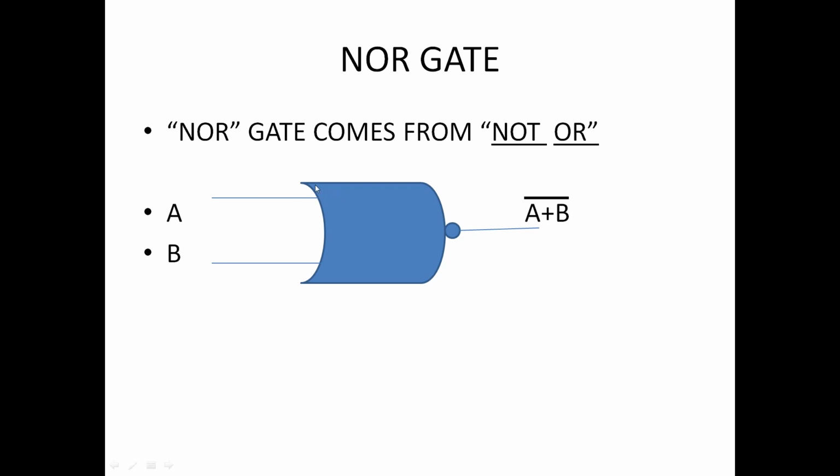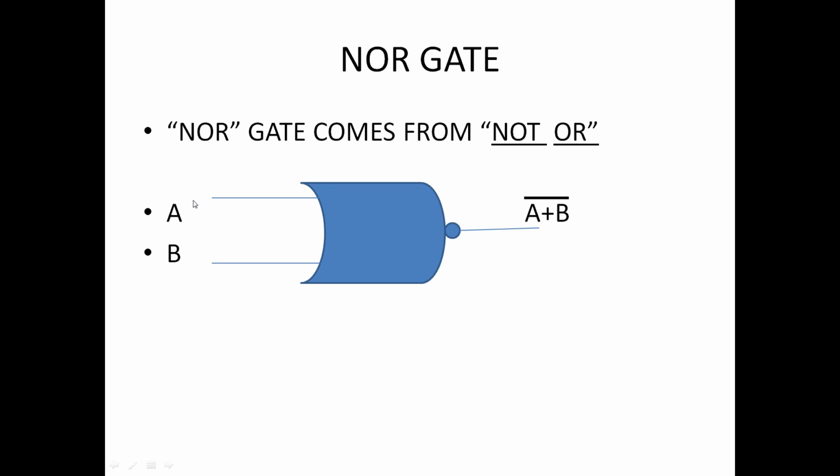So it means when you have your OR gate, this is the drawing for the OR gate, and then we have the little circle attached to it, which is the NOT gate. It's negating whatever has entered the OR gate. This little circle here has negated it, that is, has changed it to the opposite.